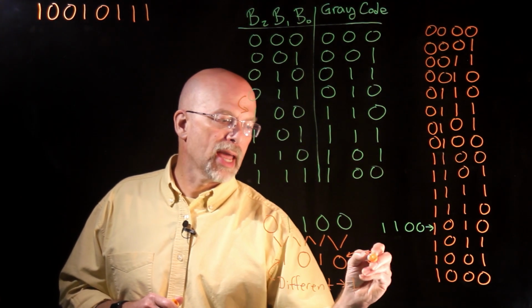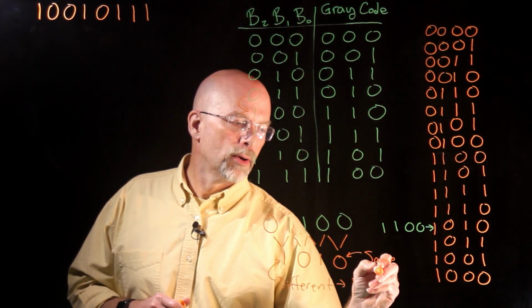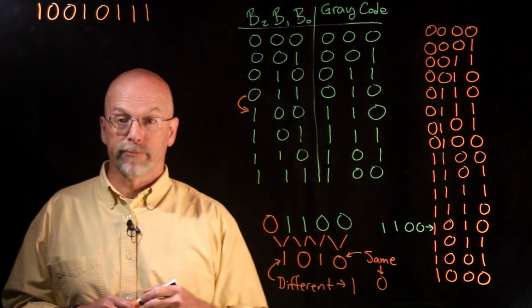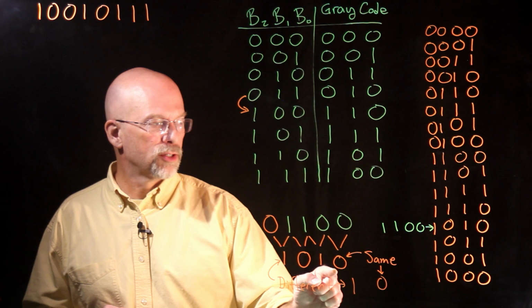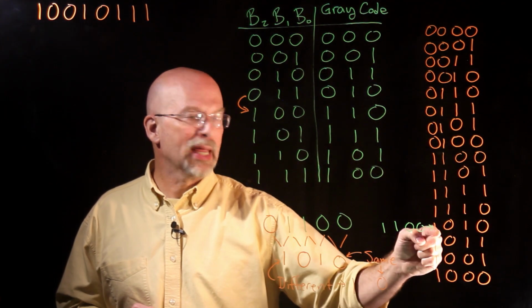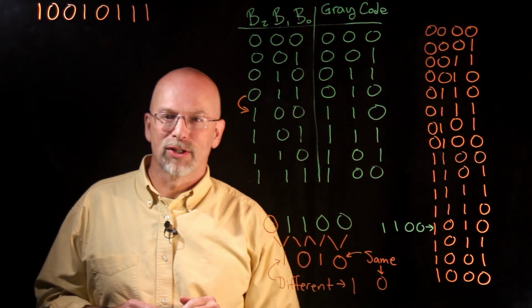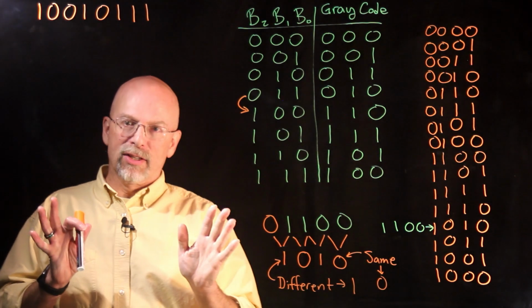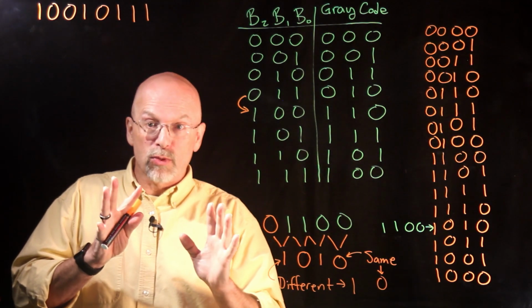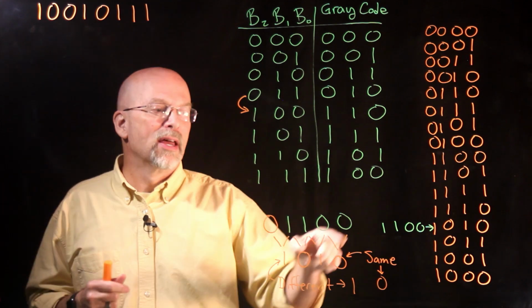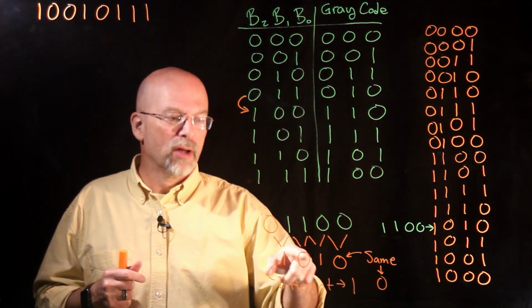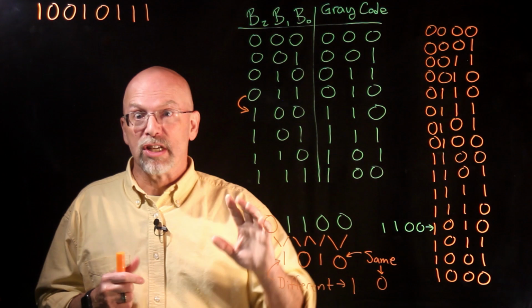When they're the same, put a 0. All right? Notice that this pattern here, 1, 0, 1, 0, is the pattern we got to after doing our sequence. Works exactly the same way, except in this case, all we have to do is come up with the sequence value from the sequence number.